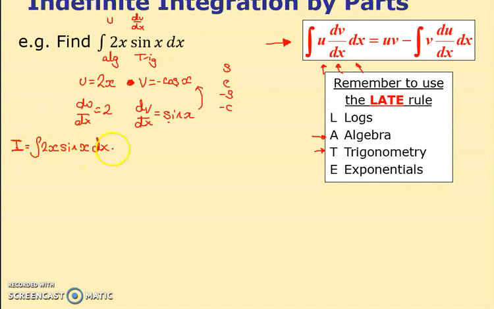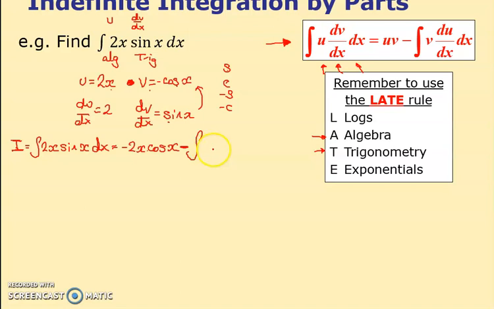So I'm writing I equals this thing, and the formula says uv. So I look at this and I go, well, it's 2x times minus cos x. So I'm going to write that as minus 2x cos x. And it says then minus the integral of v du by dx. v is minus cos x again.